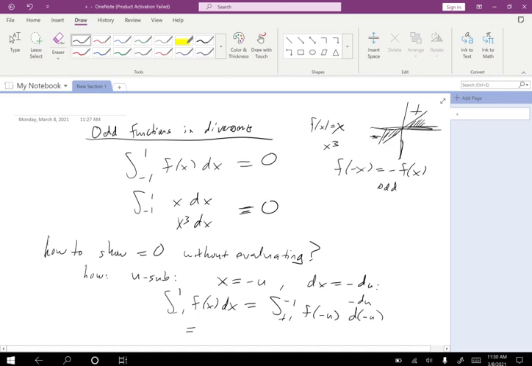We end up wanting to switch this to the usual negative to positive, so this is equal to minus the integral from negative to positive of f of minus u du.